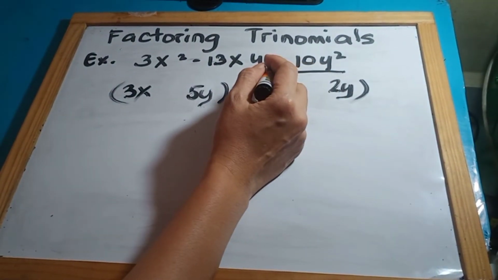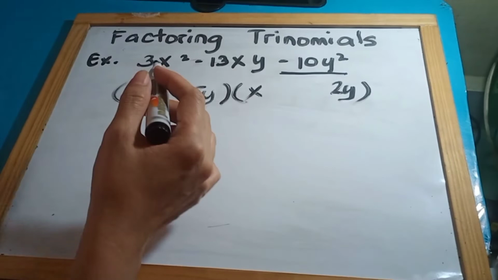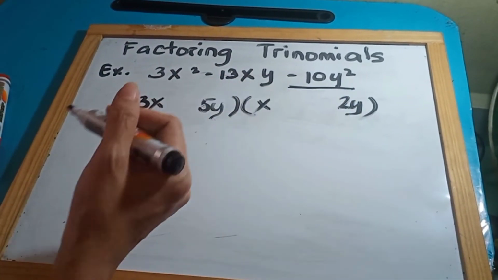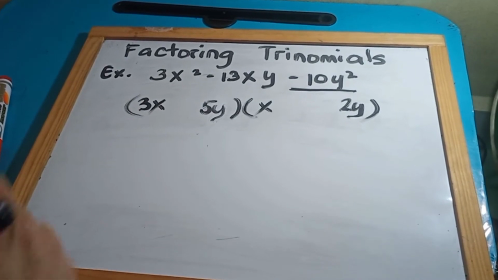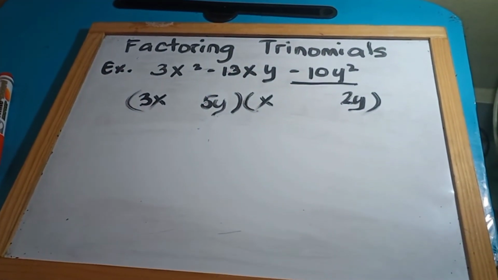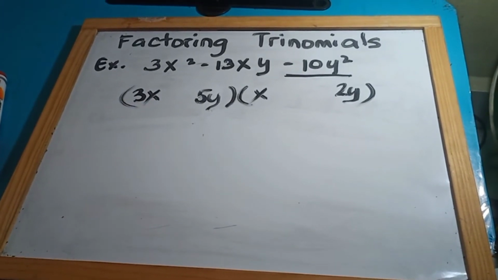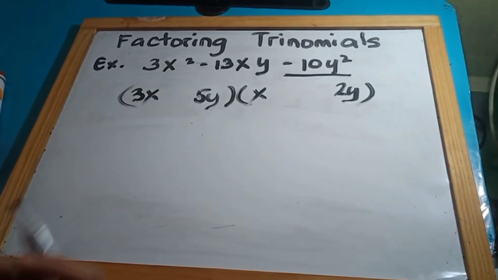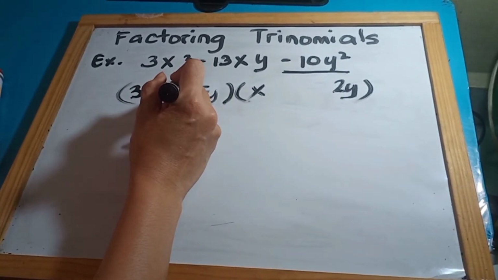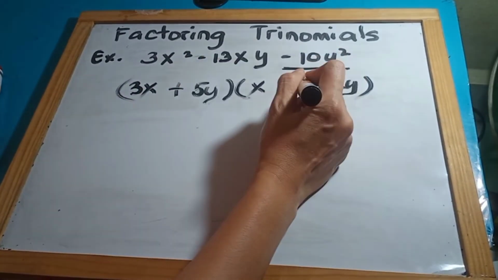Kapag negative yung sign niya, that only means na kailangan yung sign in between dun sa two terms is magkaiba. Kapag positive siya, ang sign is magkapareho, either parehong positive or parehong negative. So, let's say this is positive and this is negative.